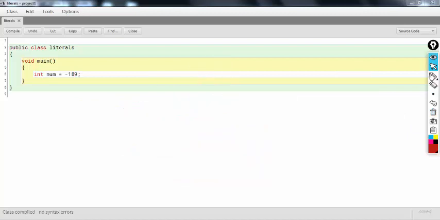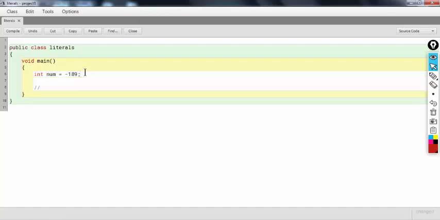Now, integer literals are represented by which data type? They are represented by the int data type. Okay, but real literals can be represented as a float type of data, or a double type of data.